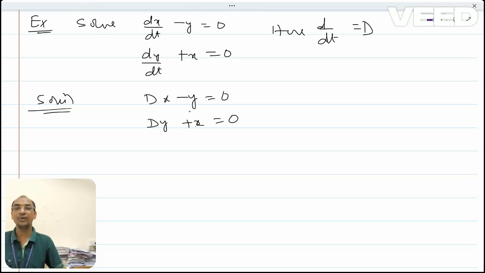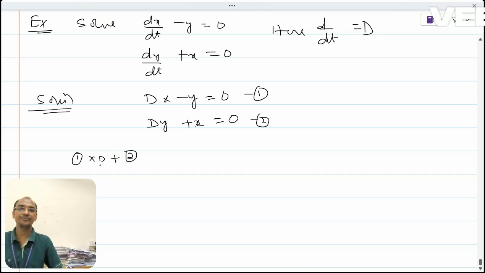So let me denote them as equation 1 and equation 2. Now suppose we try to eliminate y from both equations. Then I will multiply equation 1 by d and add it with equation 2.